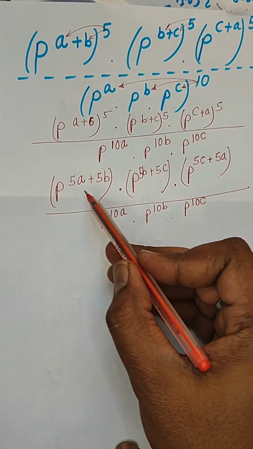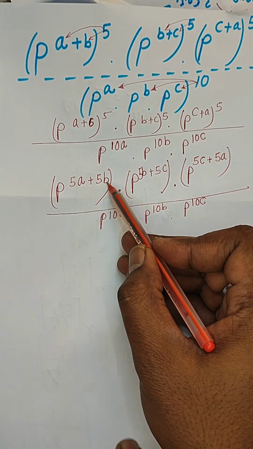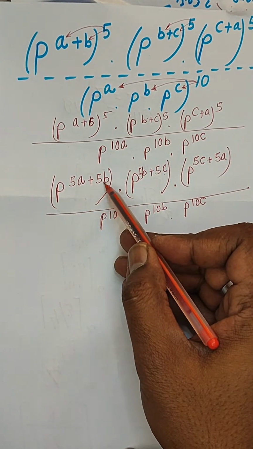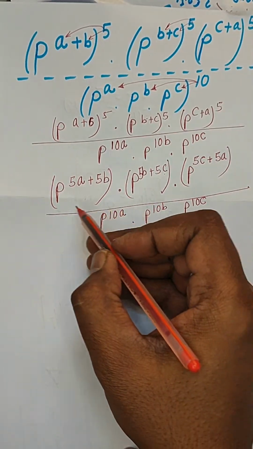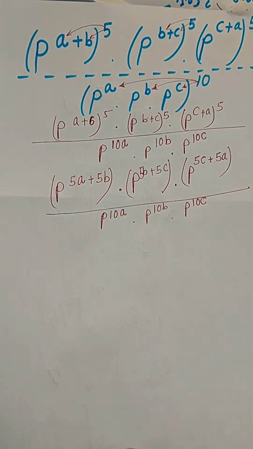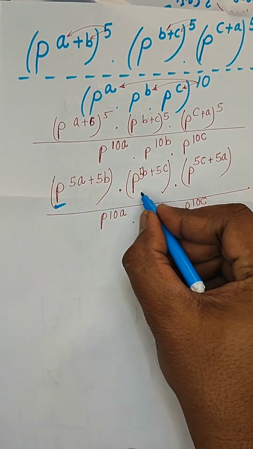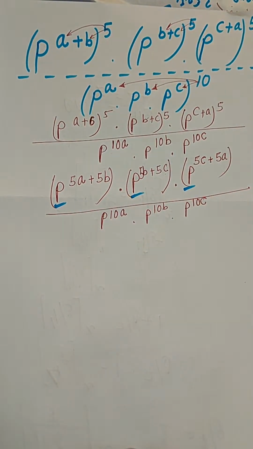We know that when the exponents are added, the bases must have been the same, right? Similarly, here you can see the base in all the places is p, right?